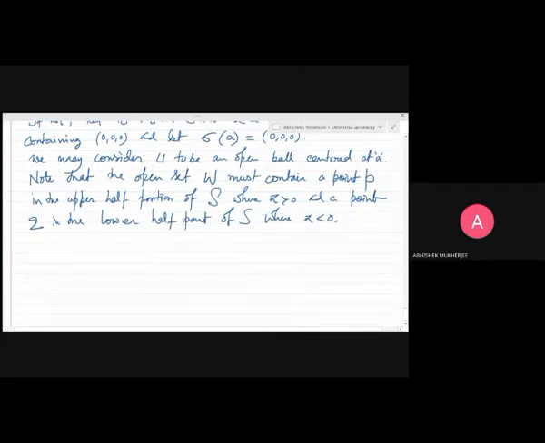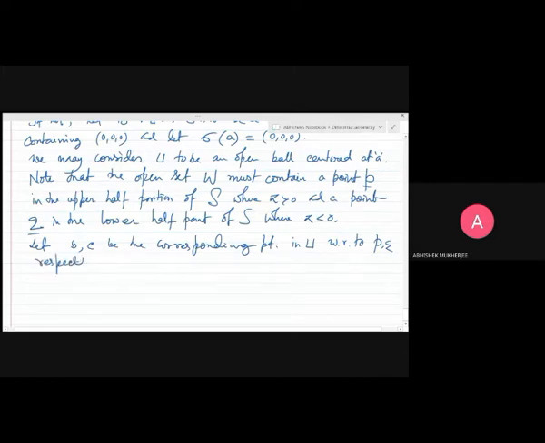And for these two points P and Q, you are going to have two points in U. So let B, C be the corresponding points in U with respect to P, Q respectively.